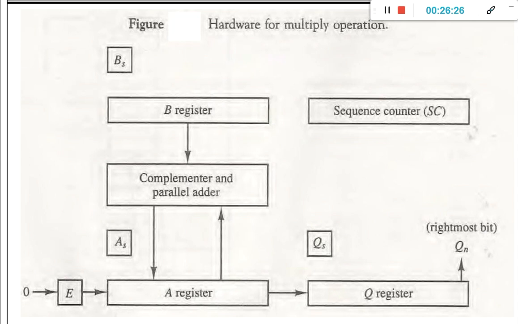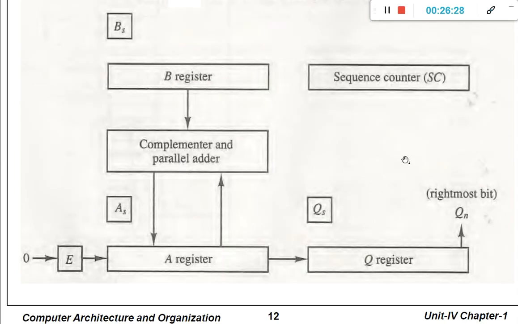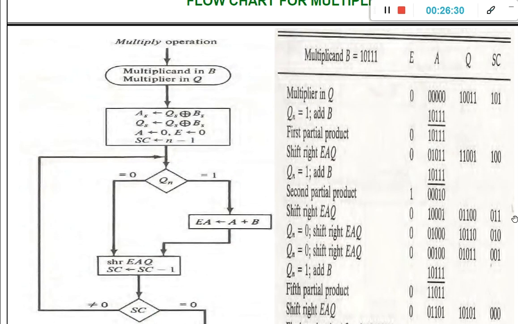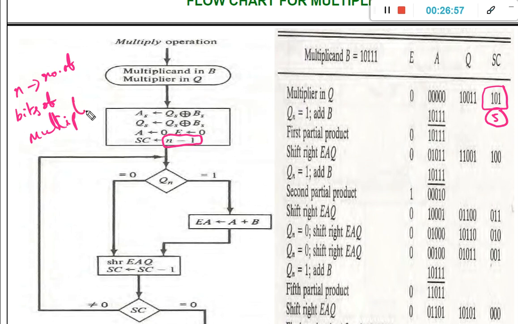Let us observe the table. If you see the table here, the initial value of the sequence counter is 101. That is 5, not 4. How do we get 5? SC is assigned n minus 1, where n is the number of bits of the multiplier, including the sign bit.